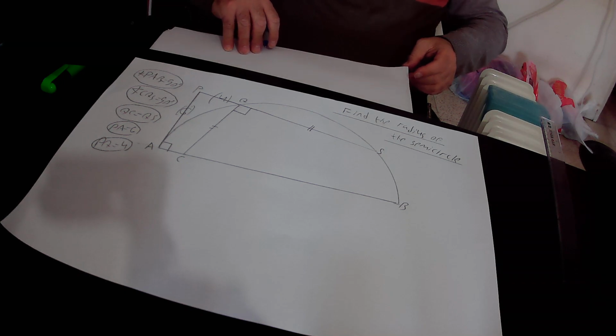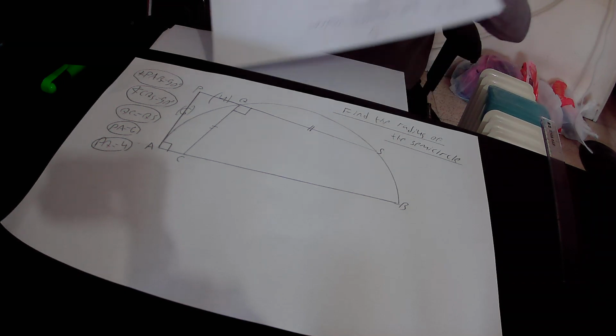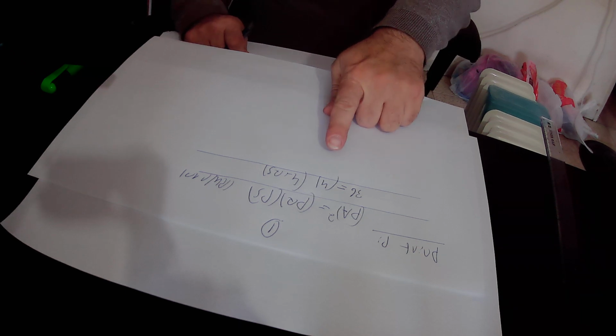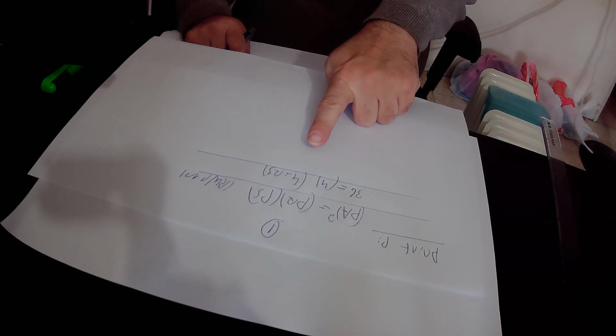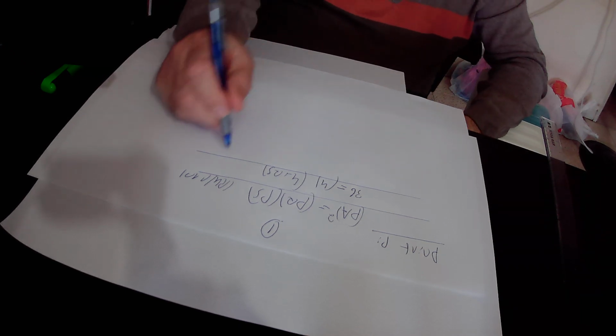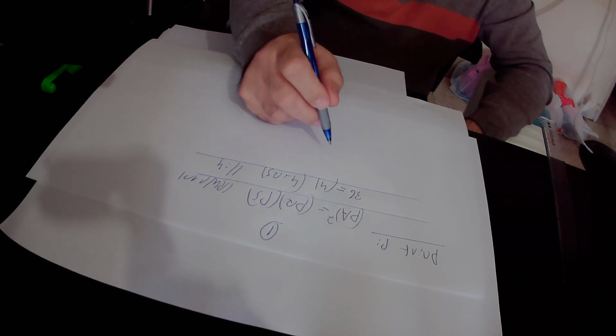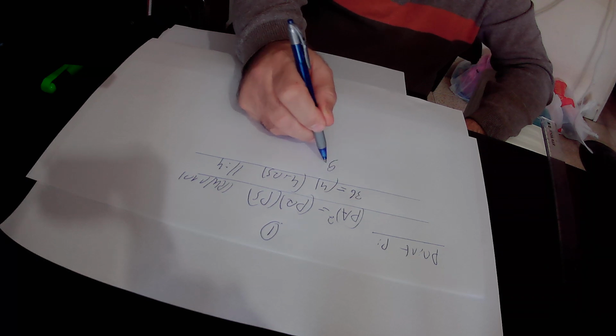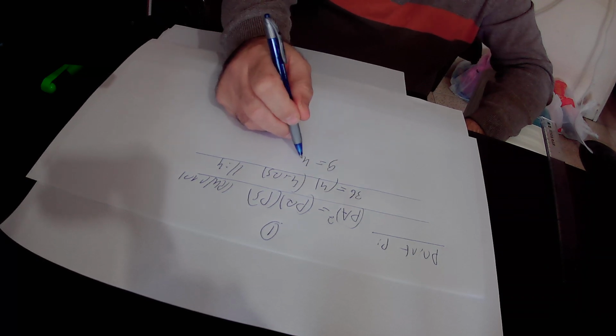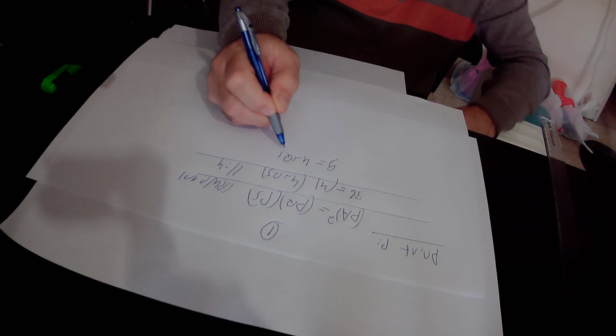So actually we found that according to rule number 10, 36 equals 4 times (4 plus QS). Here we divide this equation by 4, and 36 over 4 is 9. So 9 equals 4 plus QS.